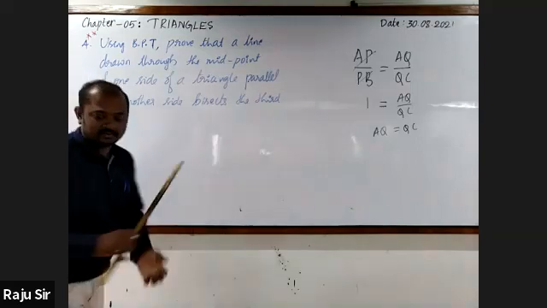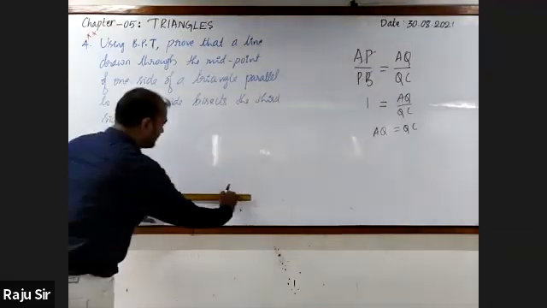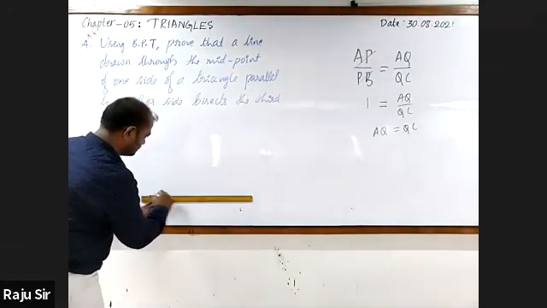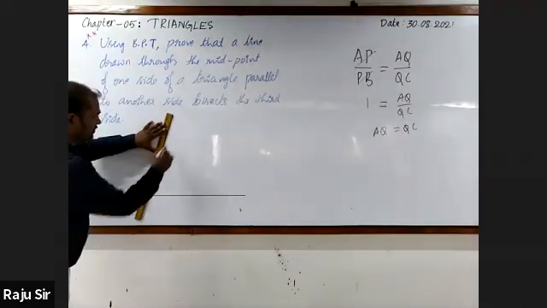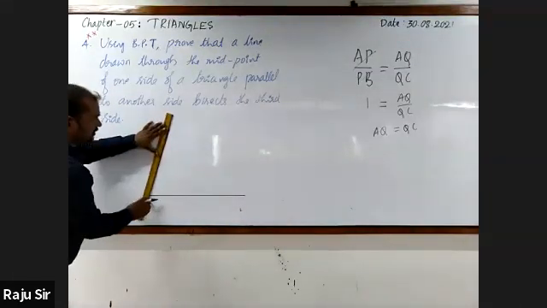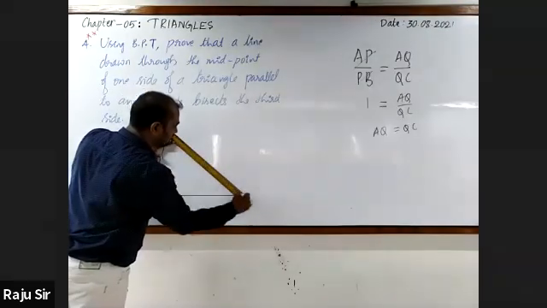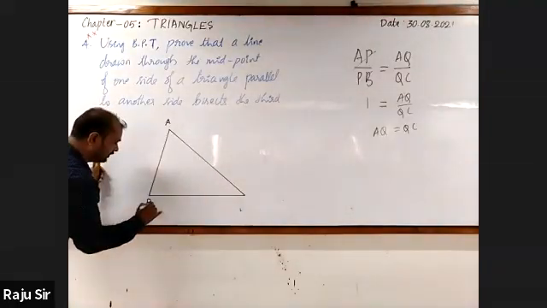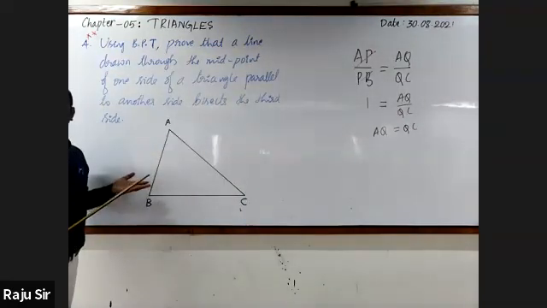Draw the triangle and name it ABC. Now we have to mark the midpoint of any one side.